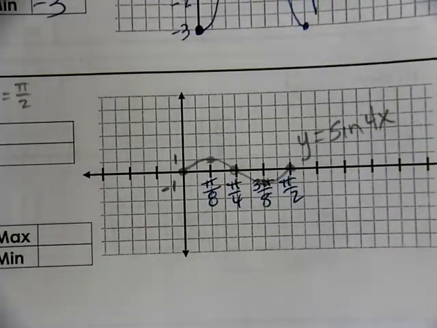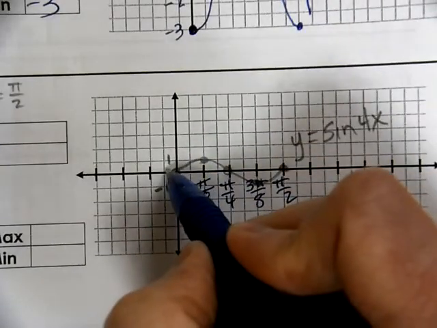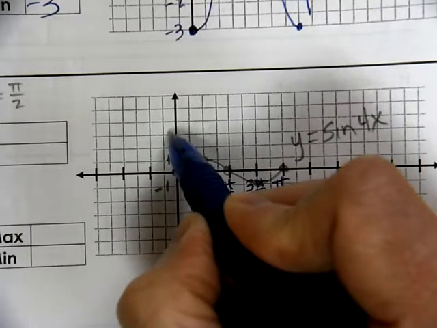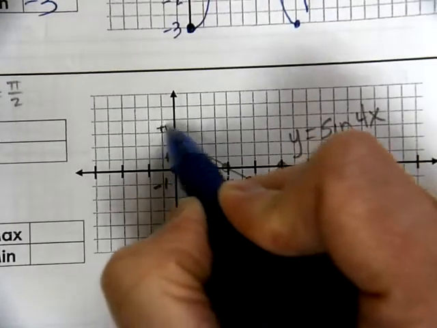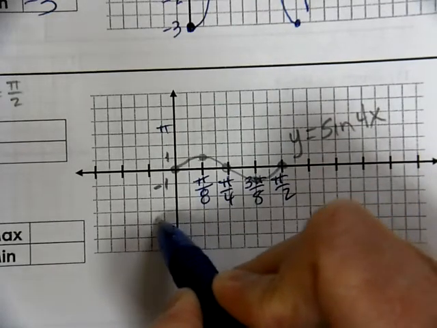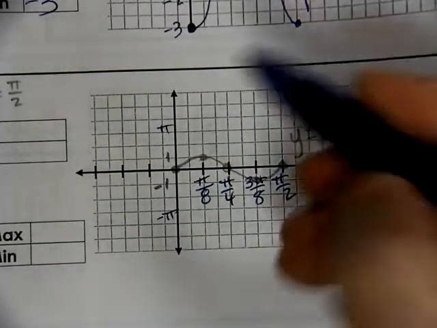Well, how are we going to graph pi? Well, pi is the number 3.14. So 1, 2, 3, and a little bit would be pi. Negative 1, negative 2, negative 3, and a little bit would be negative pi.